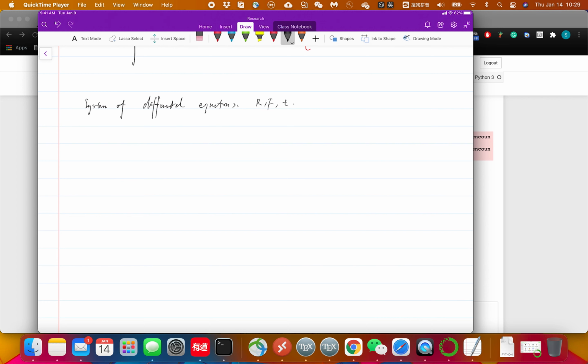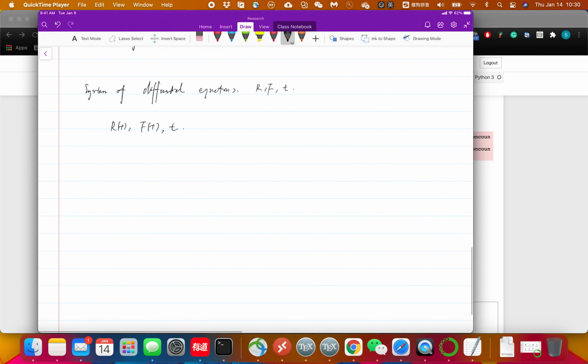So technically, when you finish your answer, your R is going to be a function of t, your F is going to be a function of t, and your t is also going to be a function of t. This is exactly what we have in calculus 3. That is a curve in 3 dimensions. If you put R here, and F here, and t here, maybe you have some kind of pattern.